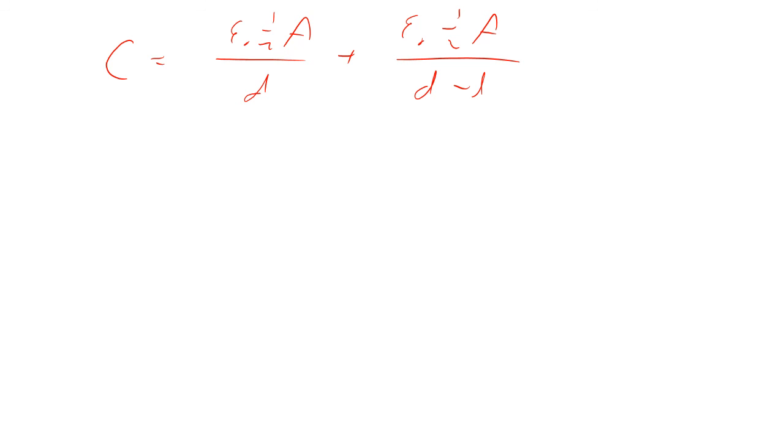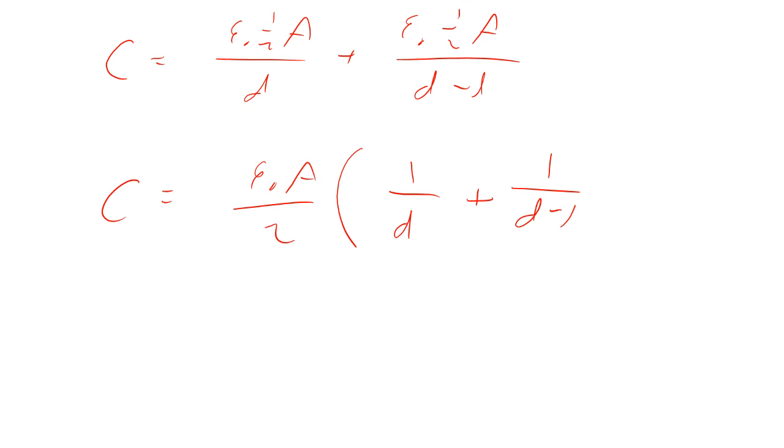So this is going to be equal to epsilon naught A over 2 times 1 over D plus 1 over D minus L. Really, it would probably be a good idea to find the least common denominator and make this pretty.